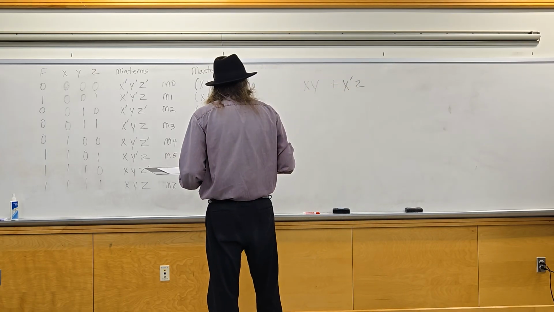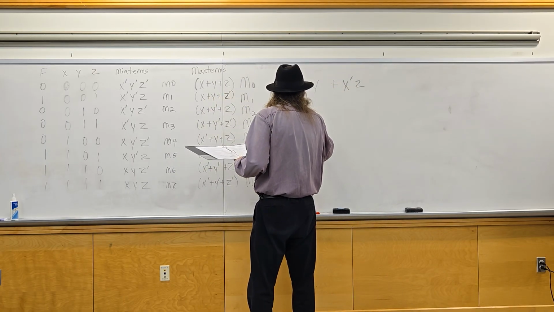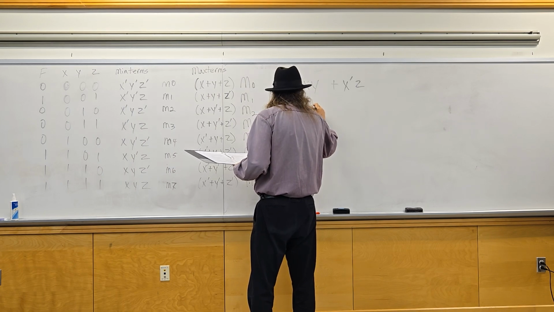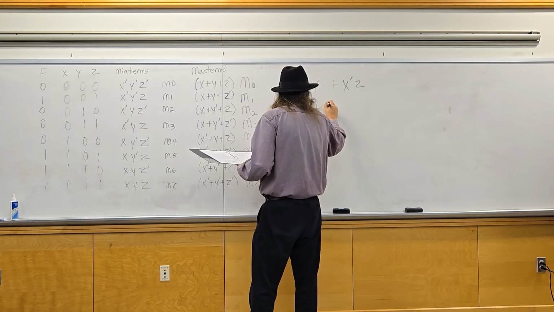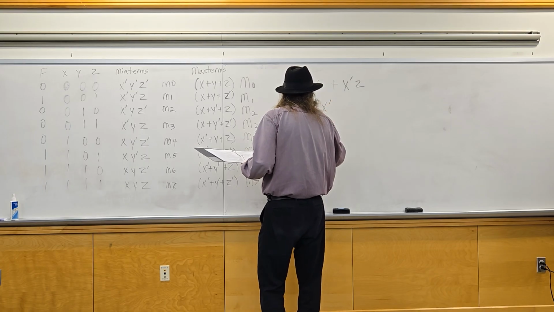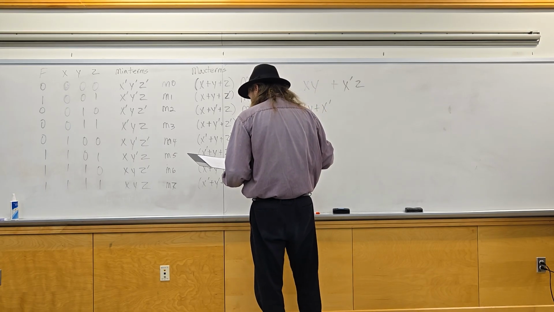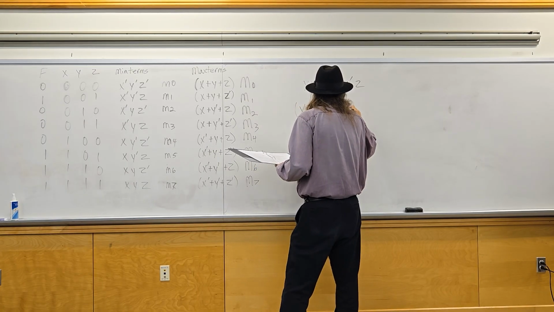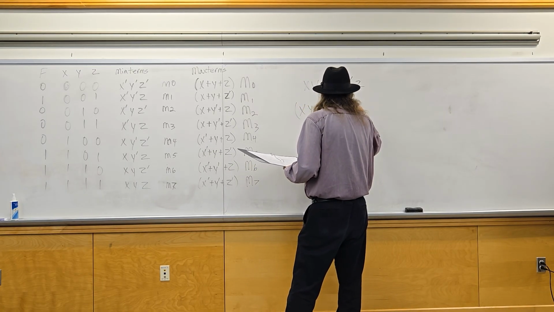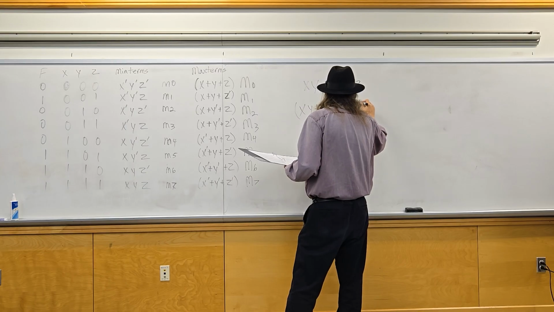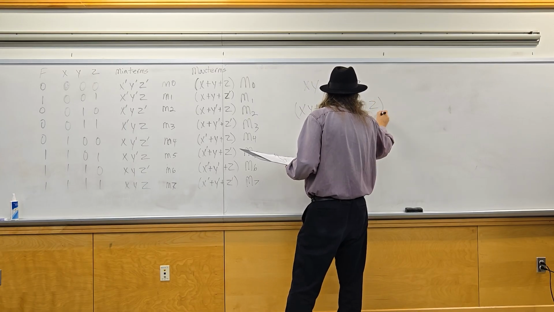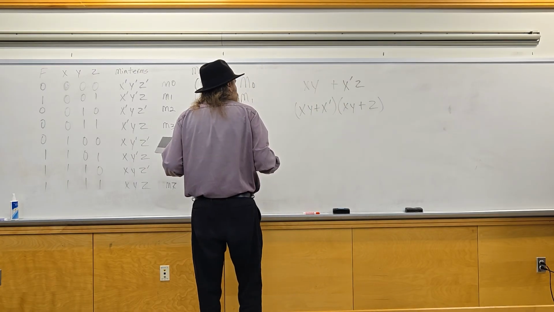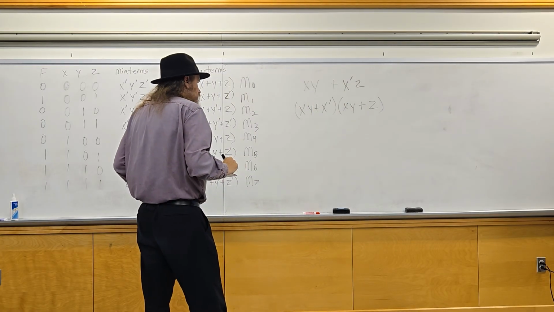Now, by the distributive law, you could go XY plus X prime and XY plus Z. Distribute the or across the and.